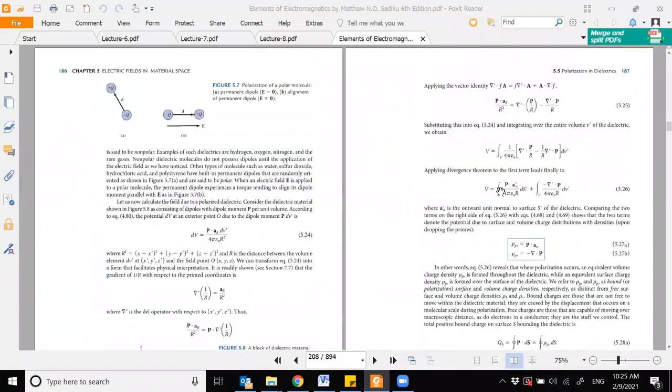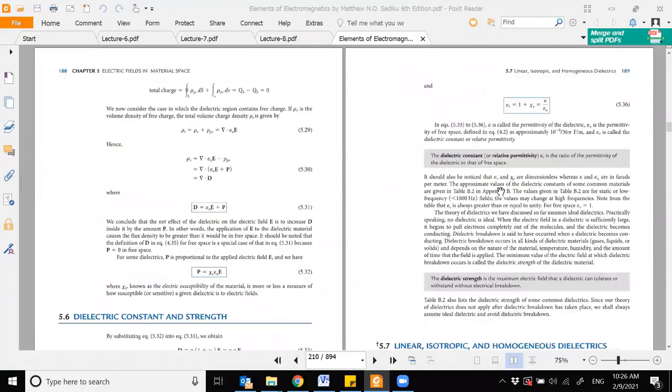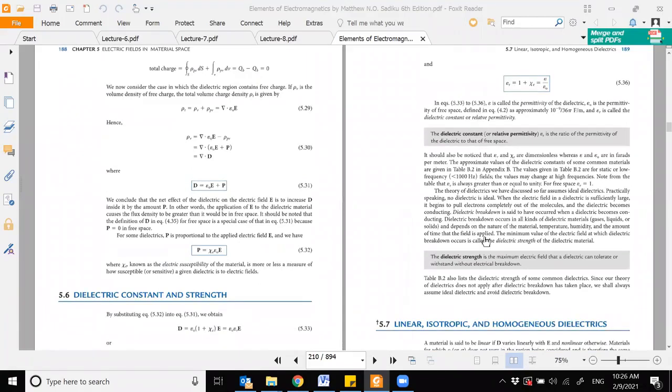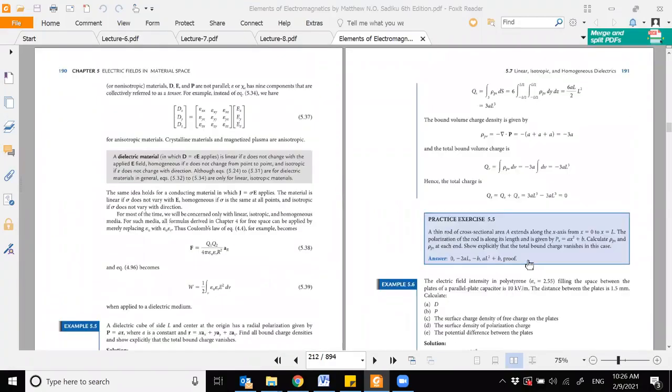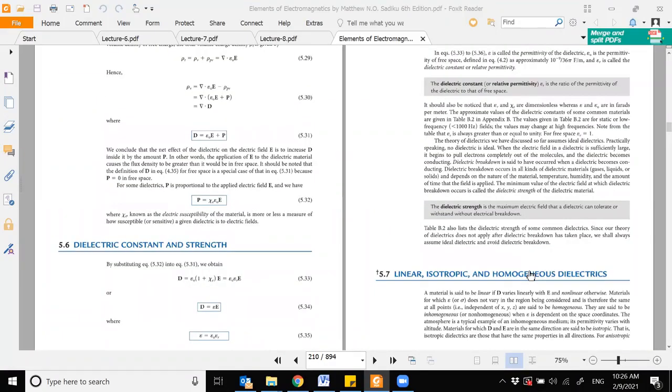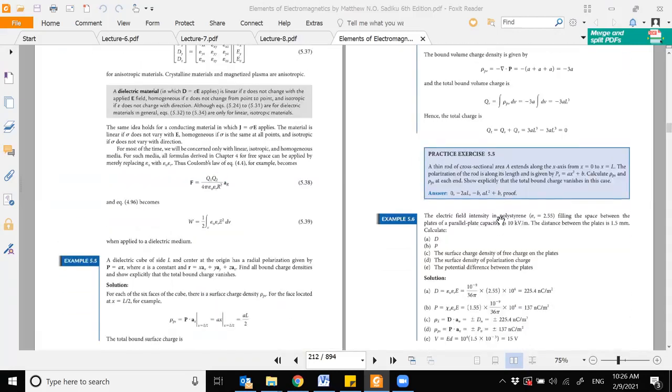Only selected expressions are covered. So this expression and this expression and this expression, which I discussed. The dielectric strength we discussed. This section is not included in our course. Please refer to the syllabus. In the syllabus, we have mentioned which sections are excluded from our syllabus.